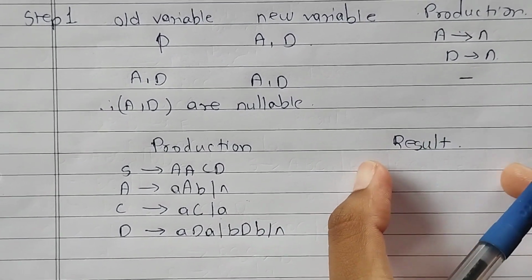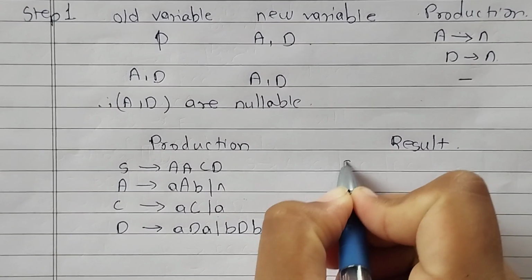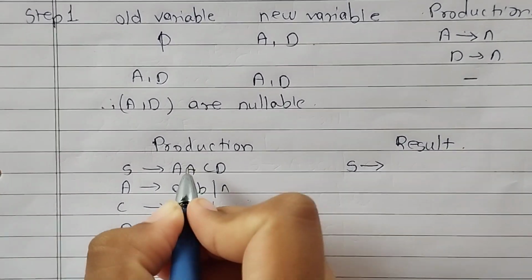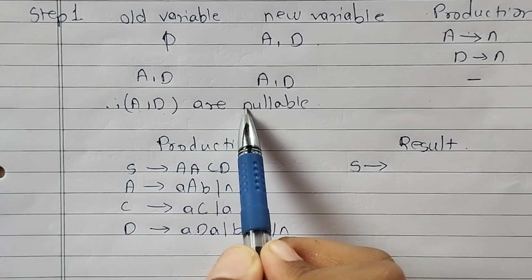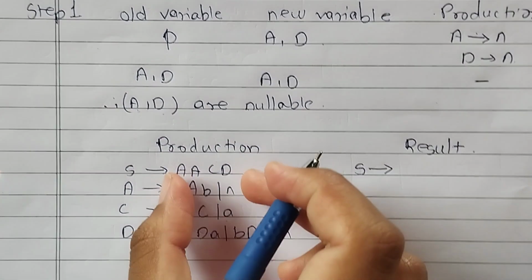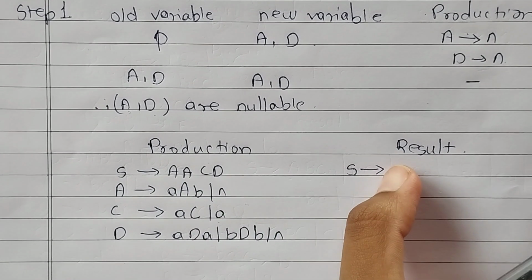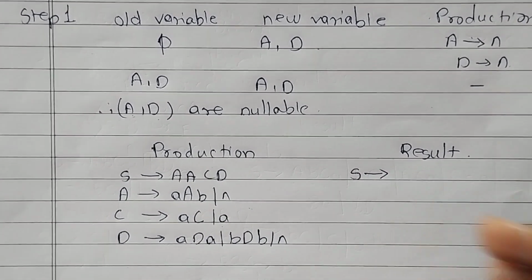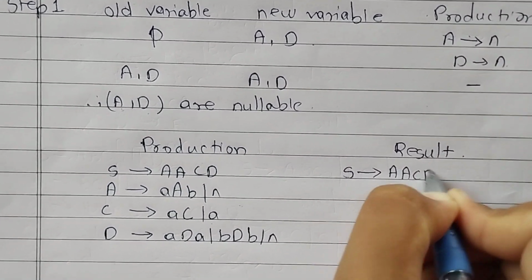Now we convert it into our final result where the null values are not present. So we start from this S. As we said, here A and D are the nullable values. So all the possibilities of how we eliminate this A and D are all written in this result. So first write as it is: A, C, D.